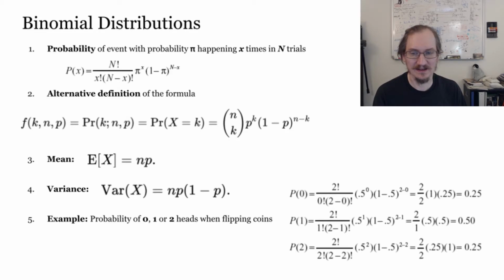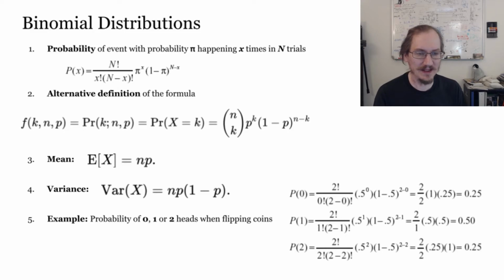One of the examples they talked about in the book, using the first formula, is the probability of getting 0 heads, which is the top equation on the right, 1 head, which is the second equation on the right, or 2 heads when flipping 2 coins.